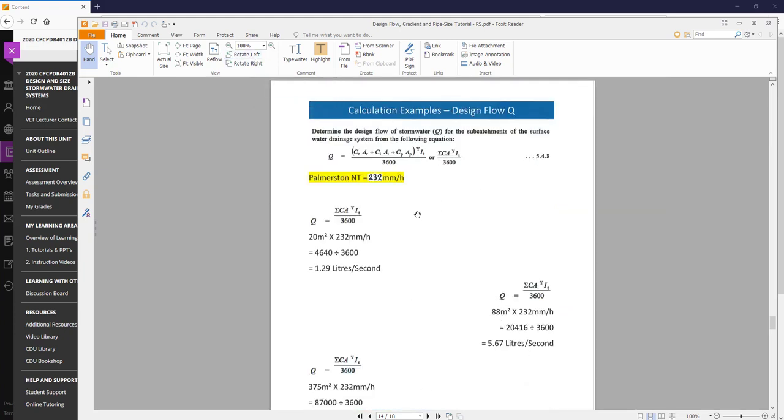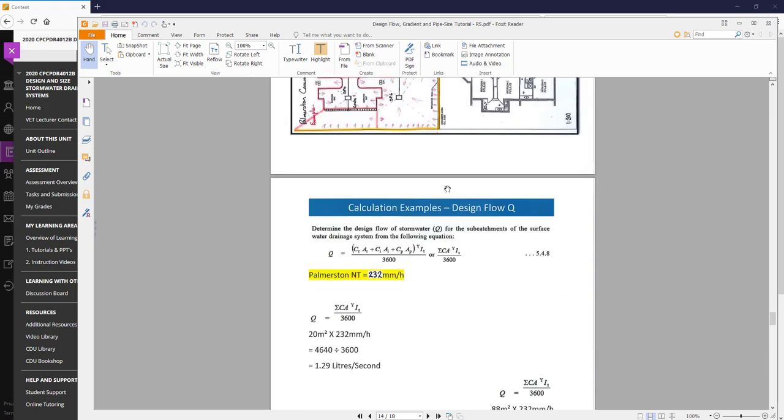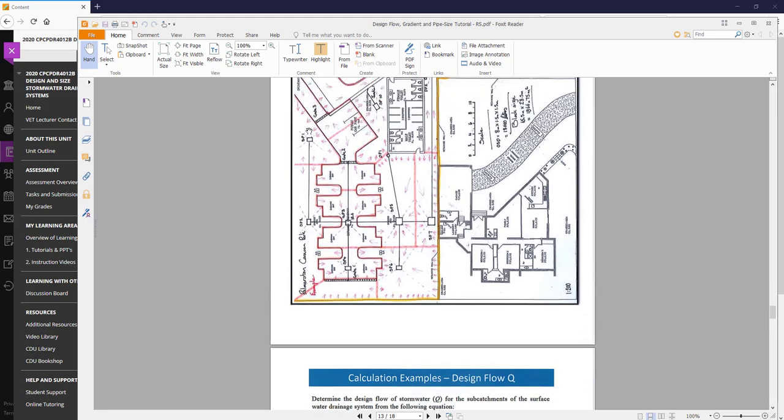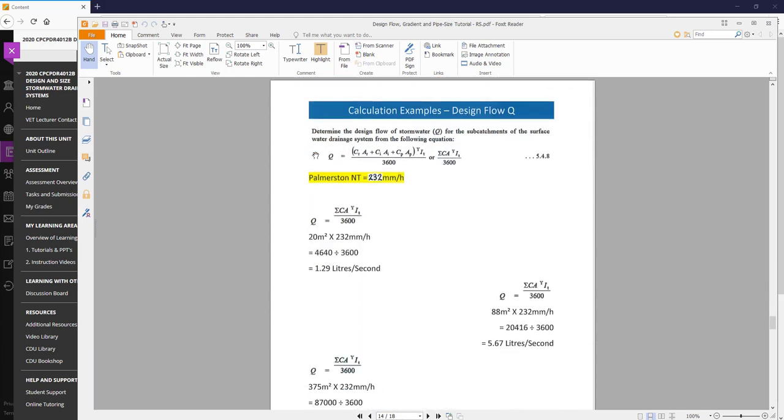Now you'll see here we have our formula, and there it is there. I've put it there. So I always lay the formula out first. So it's how many square metres. So if we were to go back up, I might turn the thing at this stage, but it's SP1. We're working out what's going into SP1 in this instance. Okay, there's 20 square metres.